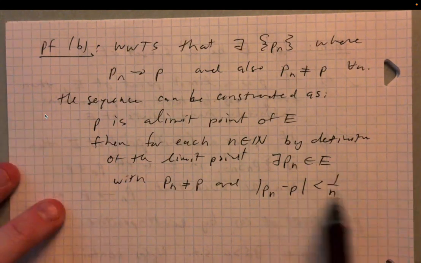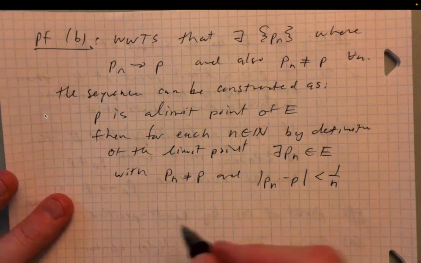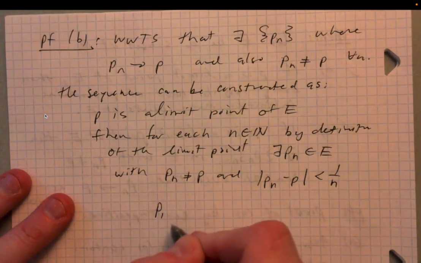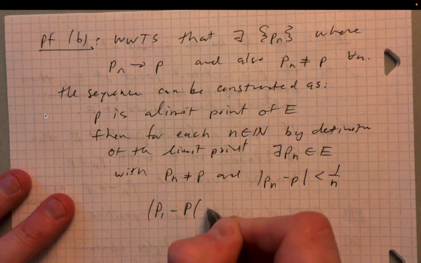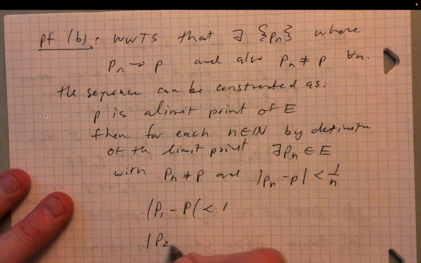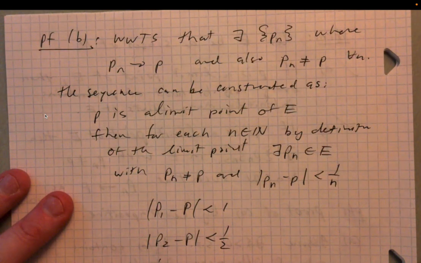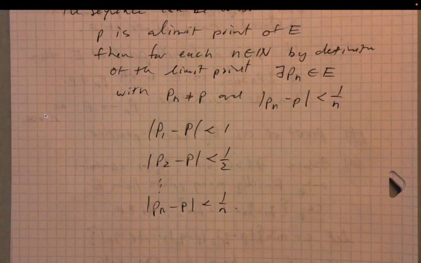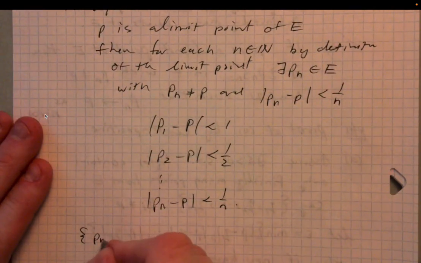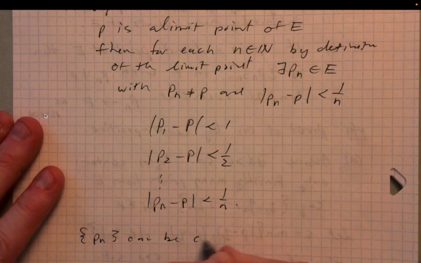And so using this idea, we can build the sequence. We can choose |p sub 1 minus p| less than 1, |p sub 2 minus p| less than 1/2, and so on. Okay, we could build our sequence in this way.